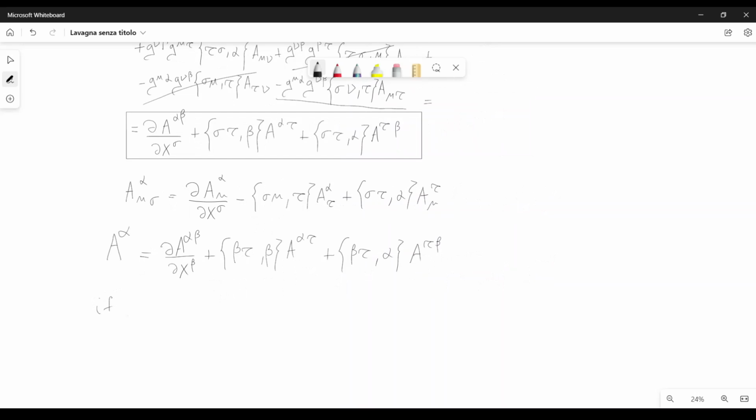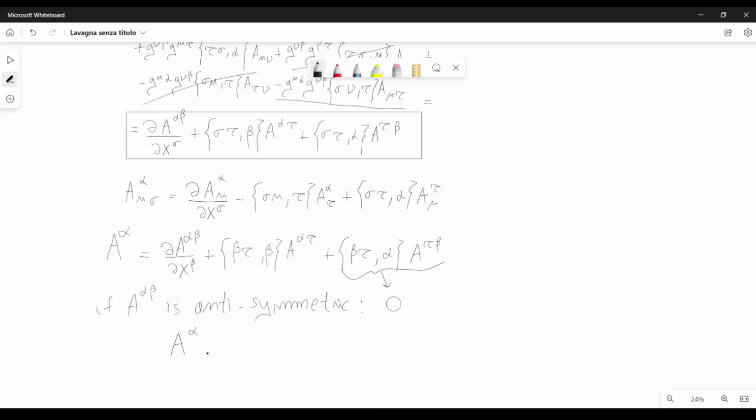Now, if A^{αβ} is antisymmetric, it's easy to see that this third term is zero, because this term is antisymmetric, this term here is symmetric, therefore we get zero.